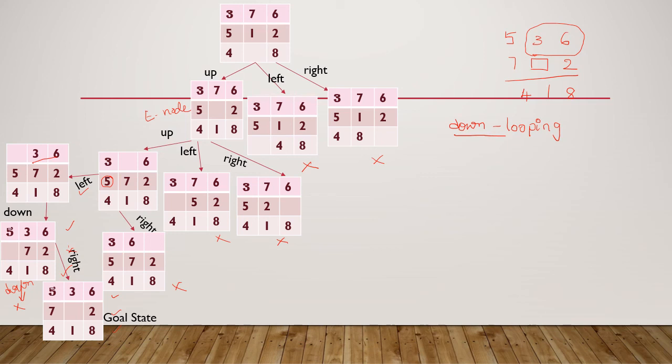Now let us see what are the problems that will be faced by the machine. Here, with our intellect, we have decided that this path length will be more, this one path length will be more. Similarly, whatever we have crossed, everything we have decided with our intellect, that these are not going to lead me to the goal state.